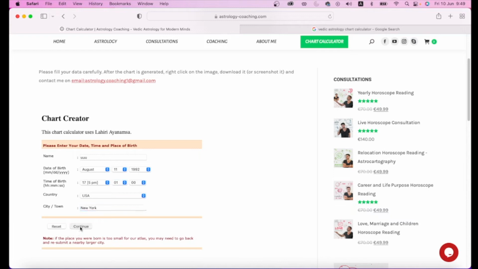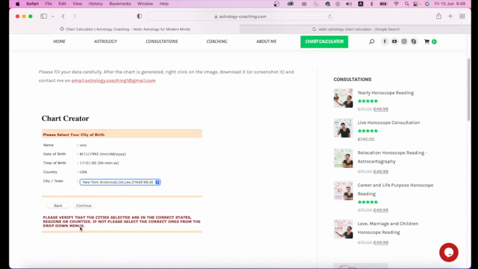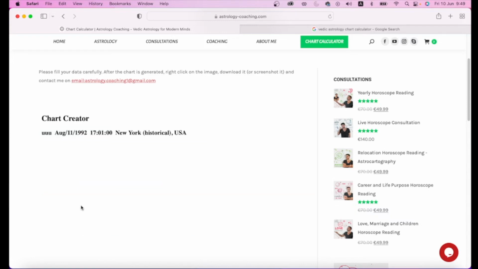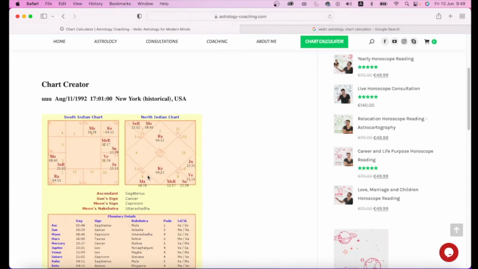You push continue. Now you check whether everything is okay: the month, day, year, hour, country, and the place. Then you push continue again, and now you can see the chart calculation. On the top you see the South Indian chart and the North Indian chart.